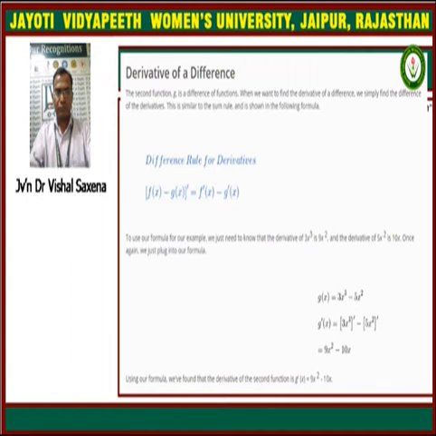Then it will be given by the derivative of 3x^3 individually minus the derivative of 5x^2 individually. The derivative of 3x^3 is 9x^2, minus the derivative of 5x^2, which is 10x. So the derivative becomes 9x^2 - 10x.